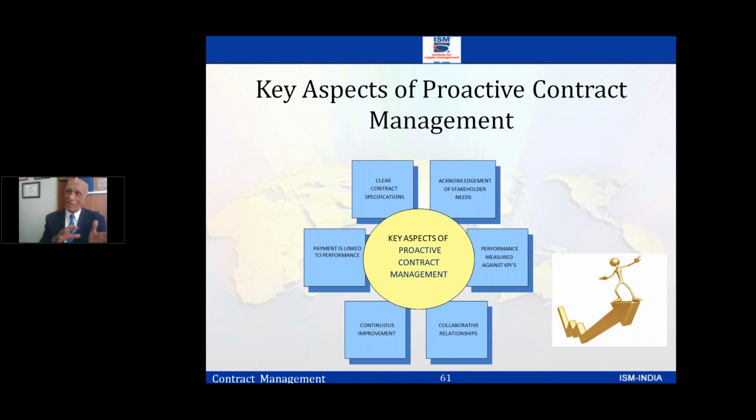It does not mean the guy has done a wonderful job, but there's a scope for improvement. So go on looking at it either through value analysis, value engineering, or through the processes. Whatever improvements you can bring around in your processes, design, whatever you can think of, it has to be an ongoing activity. And payment should be linked with performance. Sometimes you give a fixed price or cost reimbursable.